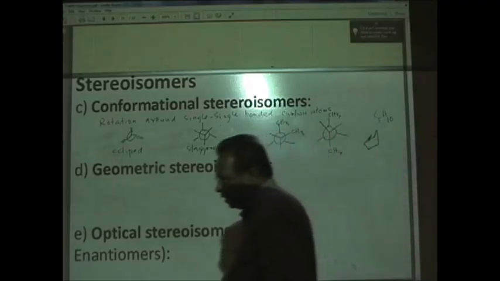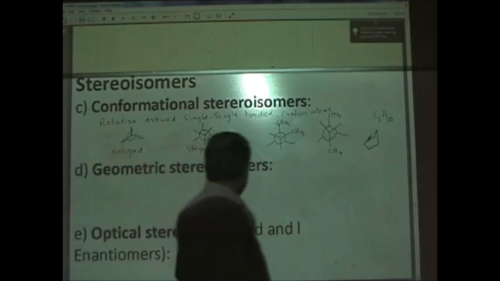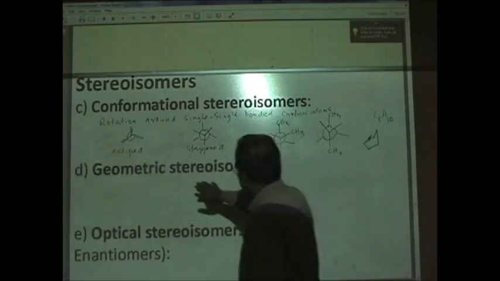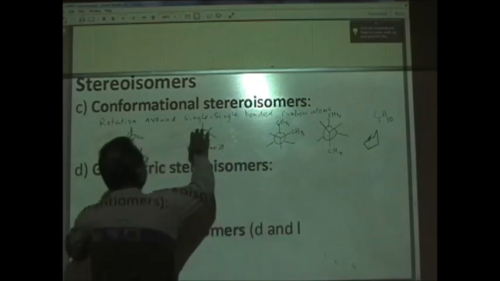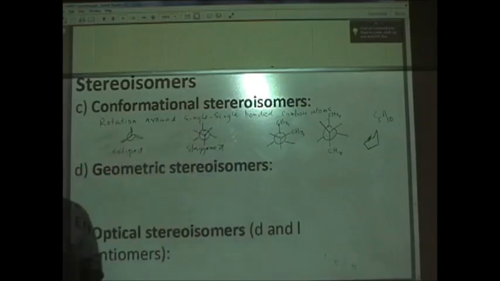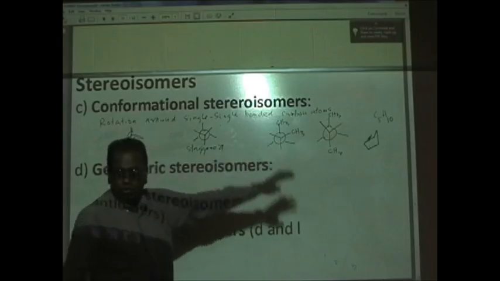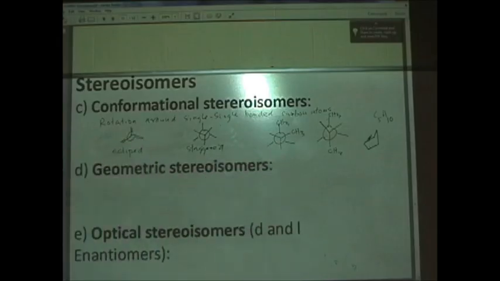Now you have another way to create different molecular structure. They're called different from constitutional isomers, and these all are called stereoisomers. Conformational isomerism, geometrical isomerism, and optical isomerism are called stereoisomers.